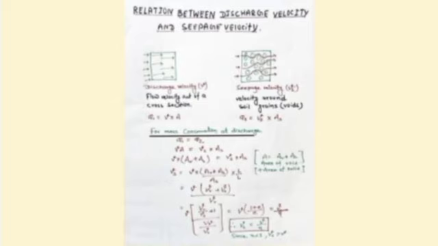The relationship between discharge velocity and seepage velocity: discharge velocity is the flow velocity out of a cross-section, while seepage velocity is the velocity around soil grains. Now, here is the derivation of the formula for obtaining the actual velocity of a groundwater. Actual velocity is equal to velocity of water over its porosity.